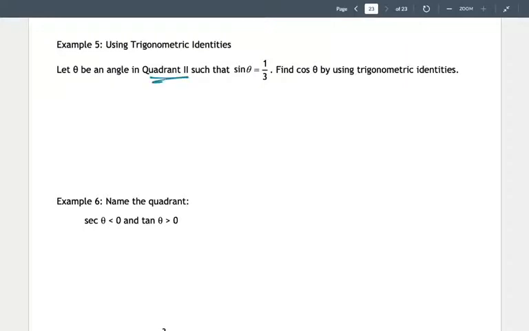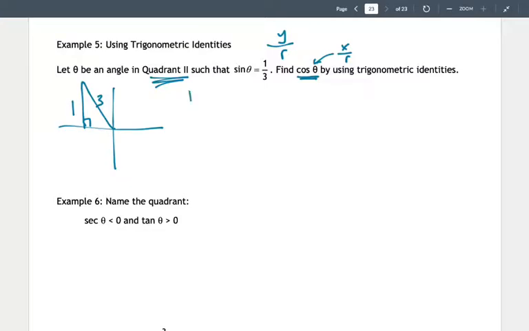Okay, on this one, they tell me I have to be in quadrant 2, so I'm going to draw my triangle in that quadrant. They're also telling me sine is 1 over 3. Remember, sine is y over r, so I'll put the 1 where the y is and 3 where the r is. I've got to figure out the x side so that I can do cosine, because cosine is x over r.